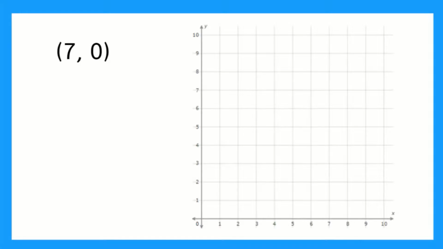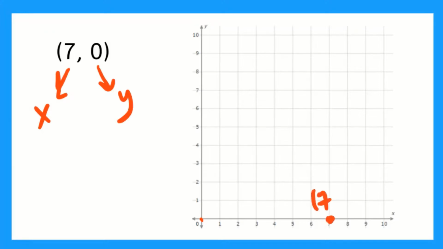Now what do you think is going to happen when I have a 0 as my y-coordinate, but I have a whole number, a 7, for my x-coordinate? Well, let's find our x-coordinate on the x-axis. Starting at the origin, I go over, find my x-coordinate right there. And then my y-coordinate is a 0, so I don't leave the origin. So where these 2 points meet is right here on the x-axis.